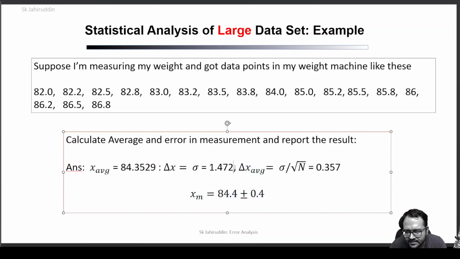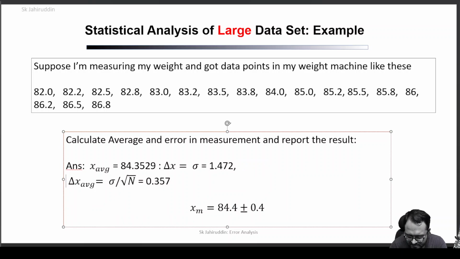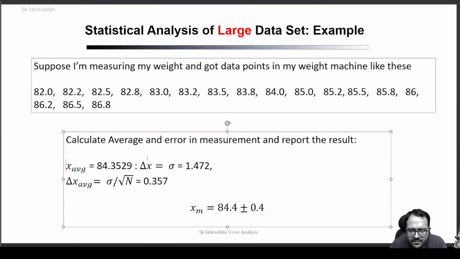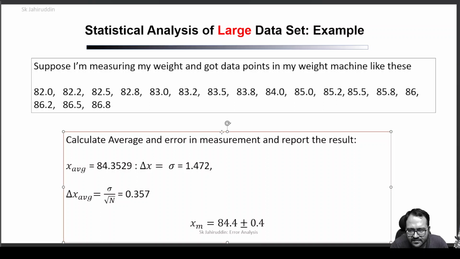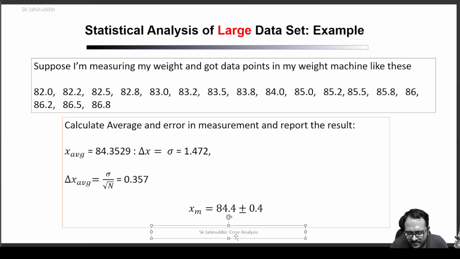Okay, so first calculate this, then divide it by the square root of n once again and get 0.357.